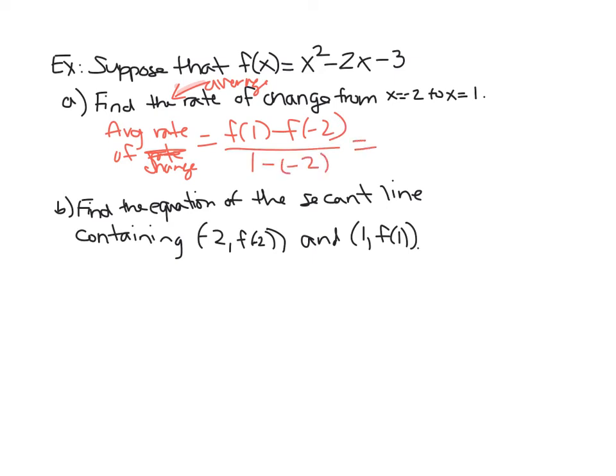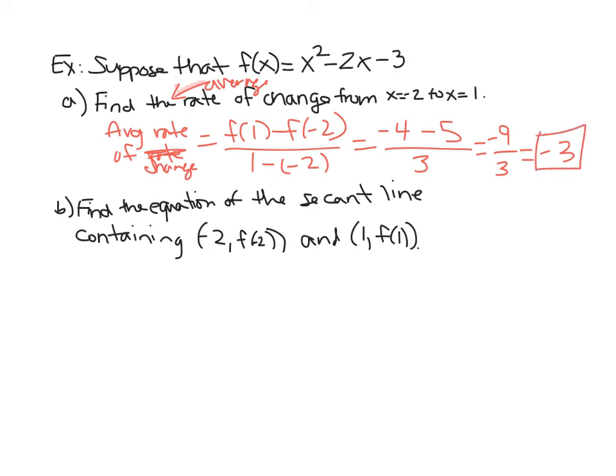If you plug in the values, f of 1 is going to be equal to negative 4. F of negative 2 is going to be equal to 5. And then in my denominator, I get 1 plus 2, which gives me 3. So I end up getting negative 9 over 3, which gives me negative 3.